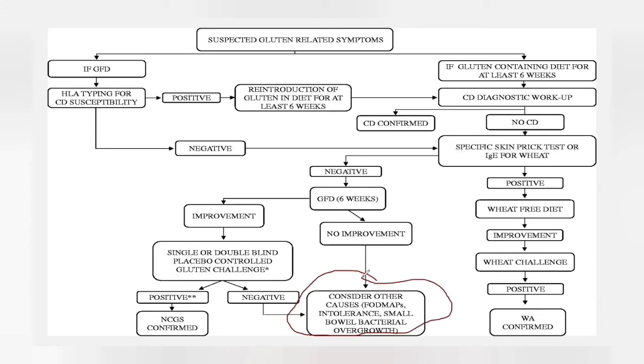So here what you can see is, after the celiac disease group, the wheat allergy group, and the NCGS group have been excluded, you come to a group of patients who may be having problems due to the FODMAPs, due to IgG-mediated intolerance, due to a reaction to many of the food additives that are prevalent today, either food preservatives, the colors, Ajinomotos, etc. So there is this one group where it is very difficult to diagnose and to treat them.